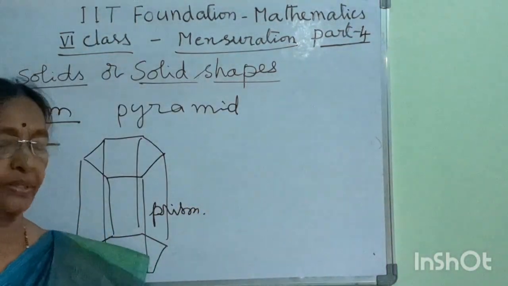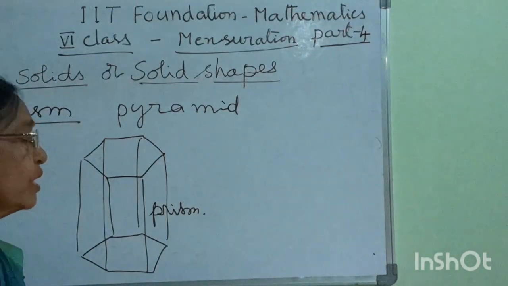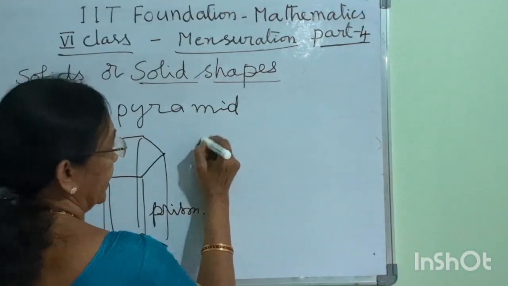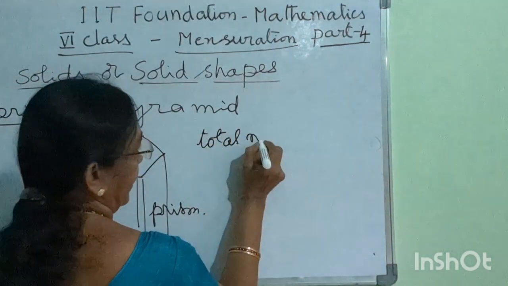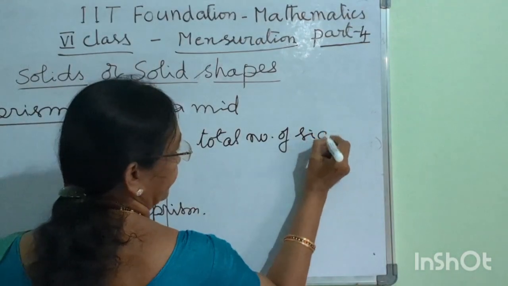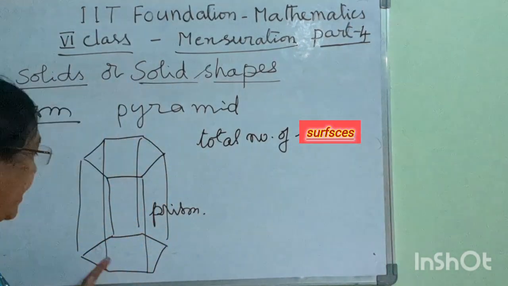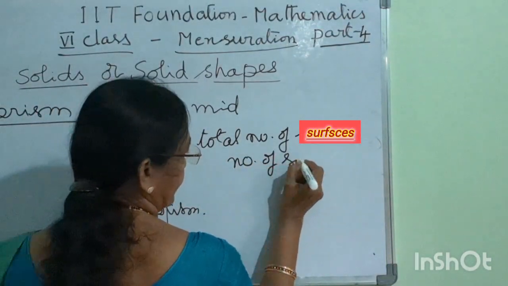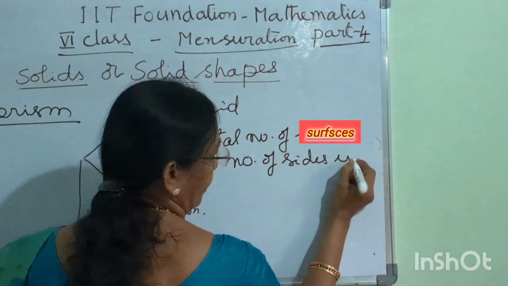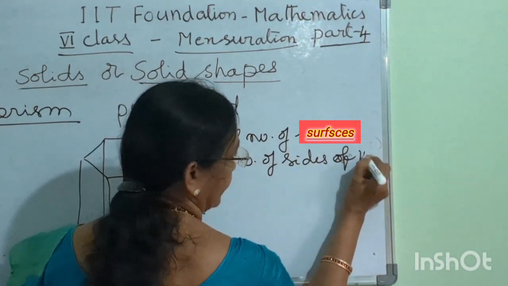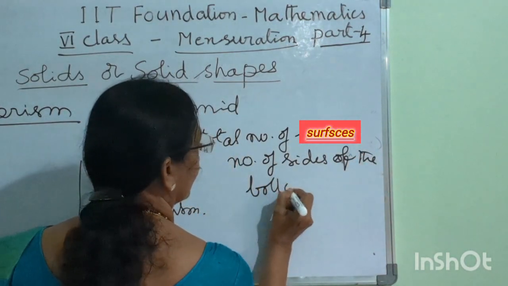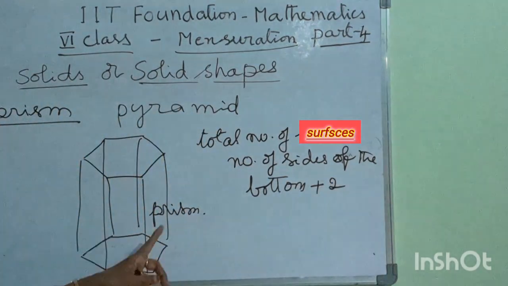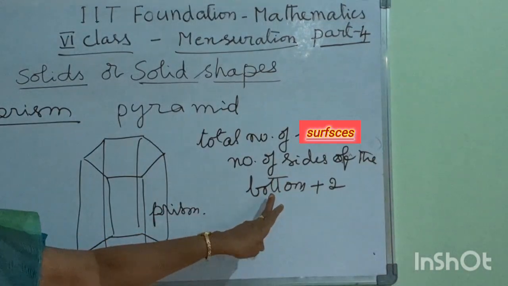We can have triangular prisms, rectangular prisms, etc. For any prism, the total number of sides is equal to the number of sides of the bottom plus 2.